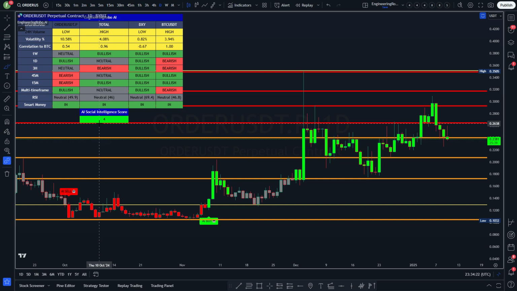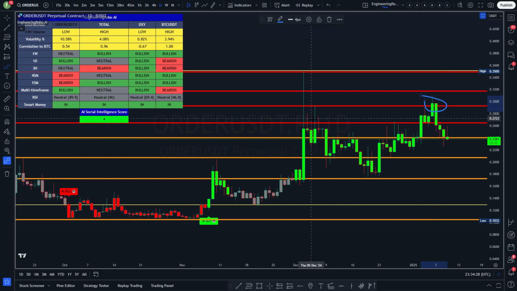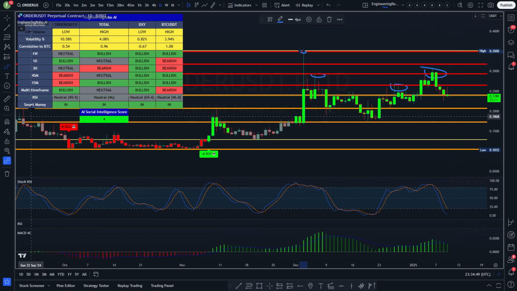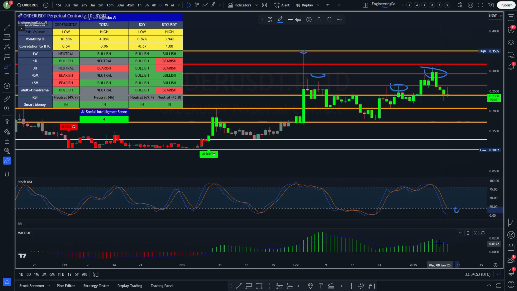It's not quite time to get out of this trade, but we can see that price has run into resistance a number of times, which is quite concerning. At the moment, we're still currently bullish. On the daily, it's bullish, but on the weekly and 3 hour, it's kind of neutral. So is now the best time to get in? I would say keep watching what these indicators are telling us.